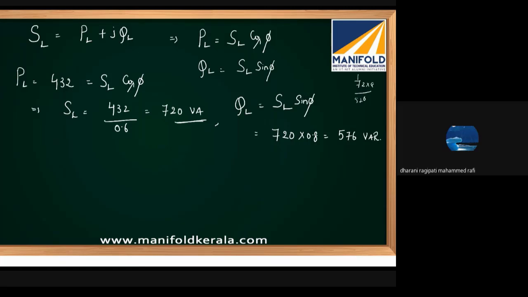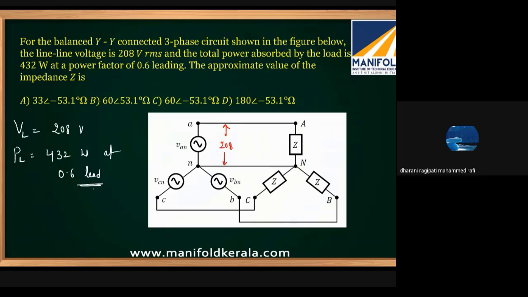So my complete complex power, that is PL plus jQL, is 432 minus j576. Sir, why have you written minus? Because the power factor of the load is leading. What type of reactive power will be absorbed by the load?